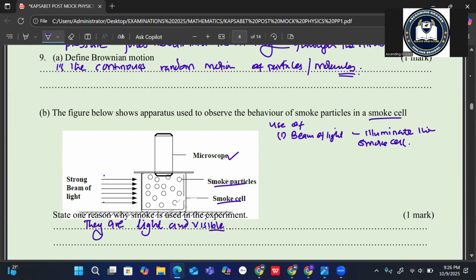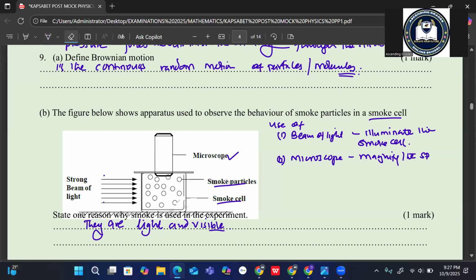Number two, the use of the microscope. The microscope is used to magnify and observe the smoke particles. So those two are very correct.